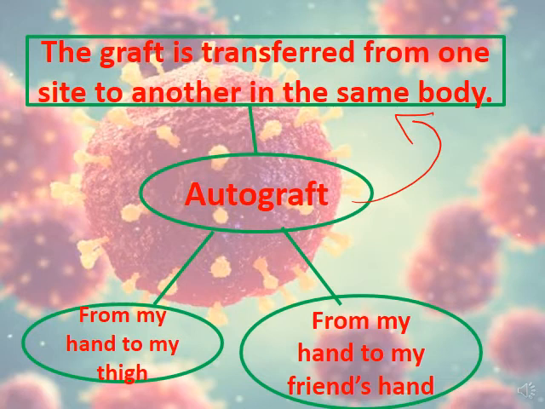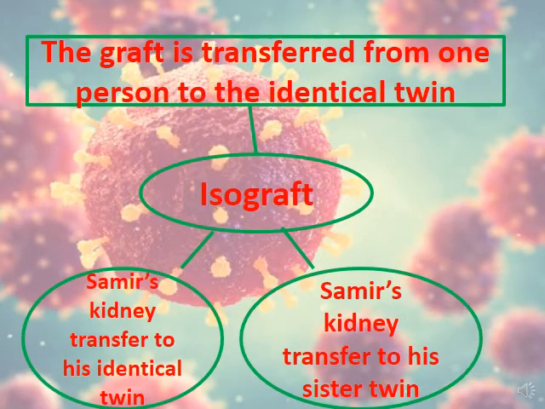So the transplant is transferred from one position to another position in the same body. Example about this: from my hand to my thigh, or from my hand to my leg, or from my thigh to my face, let's say. This is an example. Non-example: from my hand to my friend's hand. This is a non-example. Okay?